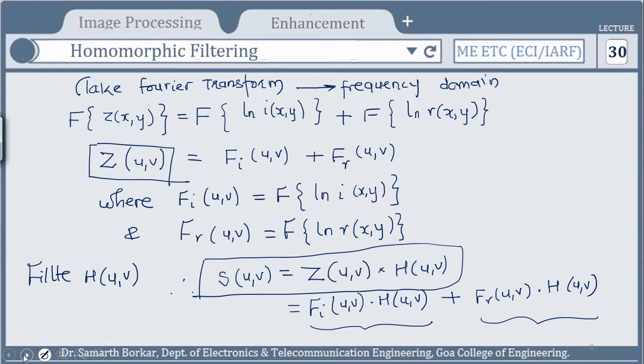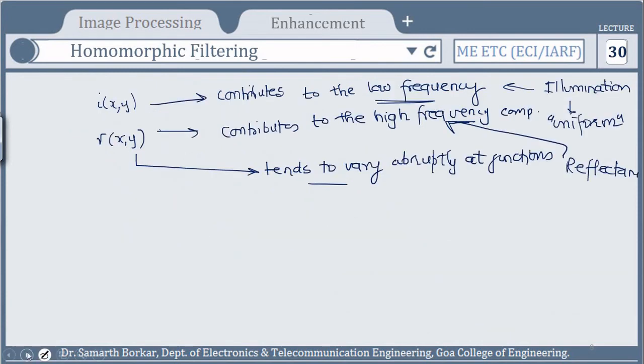Fine. Now presently we are working in the frequency domain, so to actually view the image, we have to get the image back in the spatial domain, that is in terms of x, y, the spatial coordinates. Right now it is in the frequency domain. So the entire processing is done in the frequency domain, and finally the object has to be mapped back to the spatial domain for viewing.